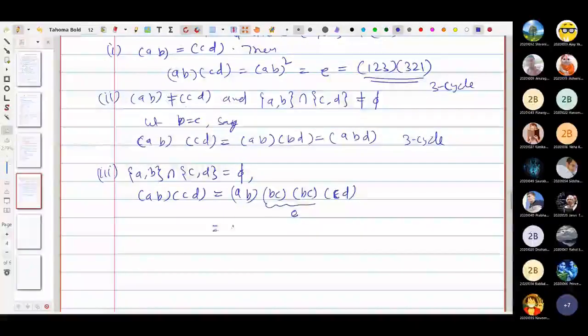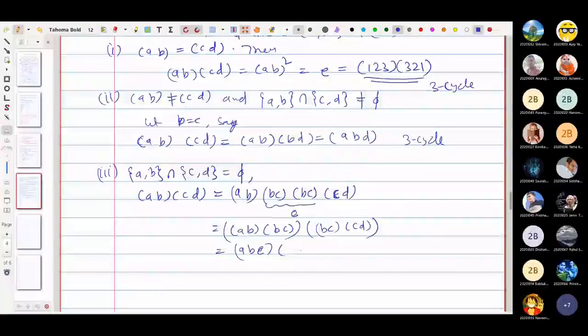Let us club AB and BC in one, and BC and CD in the other. Multiplying AB and BC, we get ABC, and multiplying BC and CD, we get BCD. So this is also a product of 3-cycles. There is no more case left here.